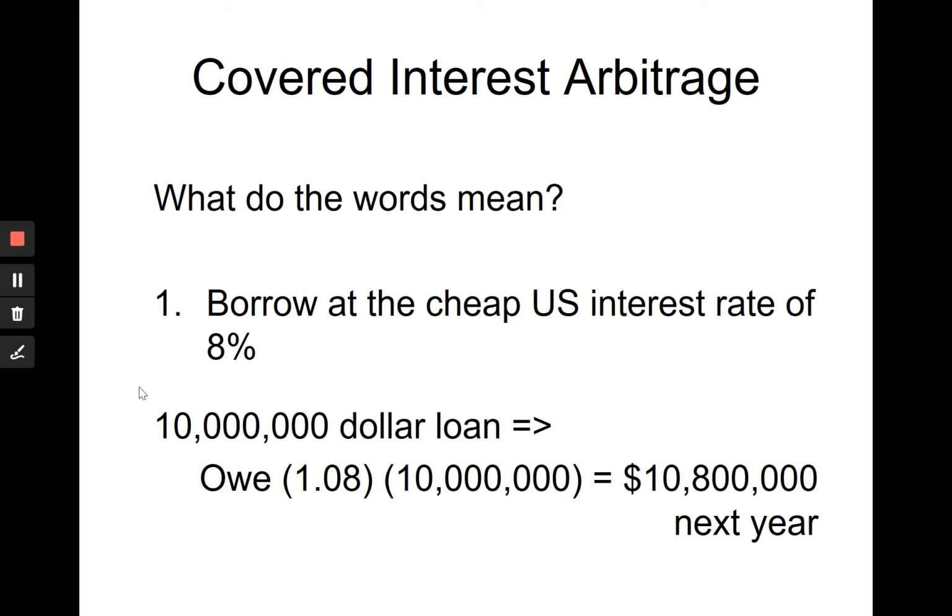But at time one, which is a year from now, we have to pay this money back and we have to pay 8% more as interest. So multiply $10 million by 1.08. That would give you the payment, and the payment to the borrower is a negative cash flow, and to the bank is a return. So our obligation or cash flow at time one is negative. We have to pay 10,800,000 next year toward this loan.